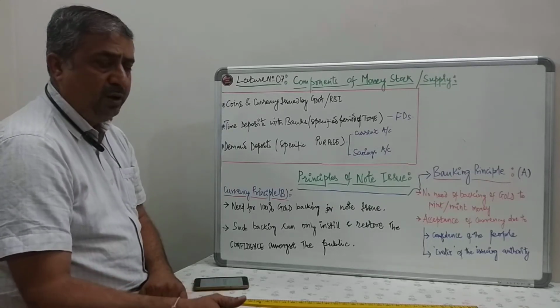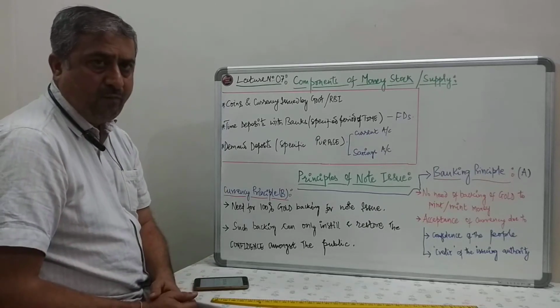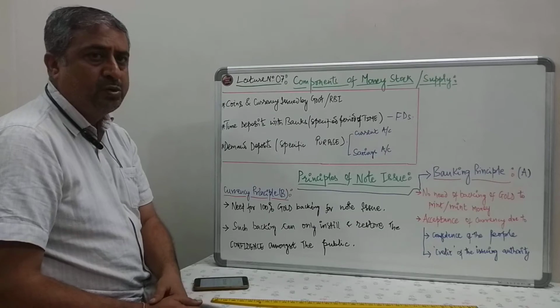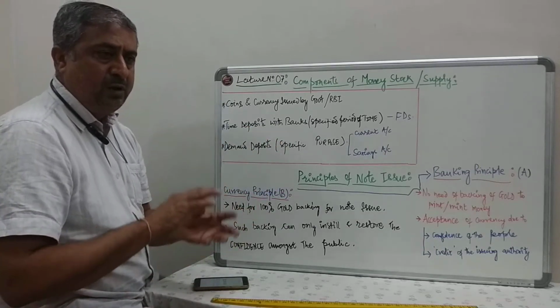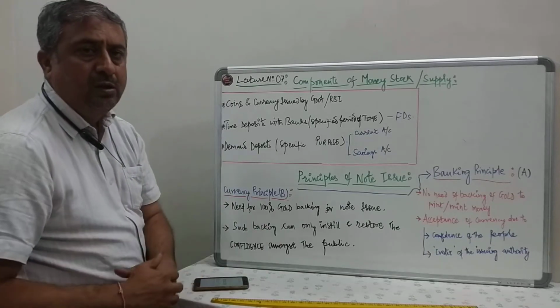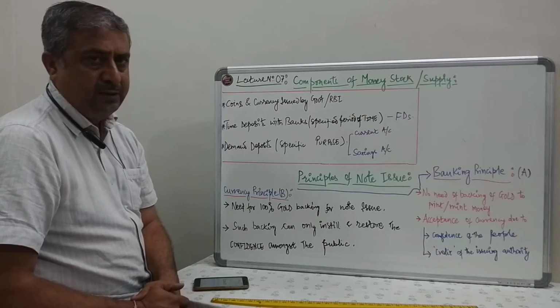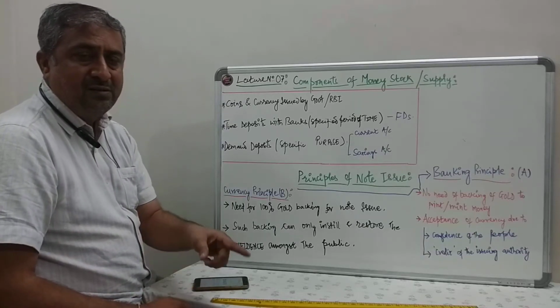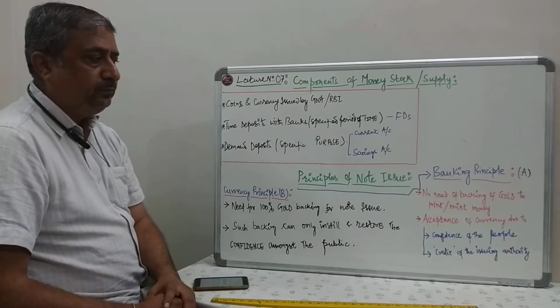Okay. Now we see how notes are issued. Notes are not issued at random. It is not that we require this much money, we require this many notes, and hence we are going to print money or mint money. You print currency, you mint coins, right?